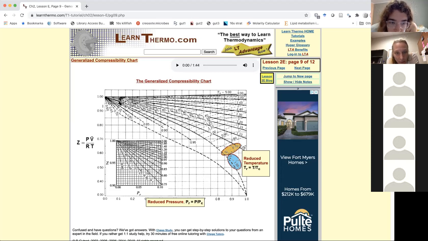Now I'm going to come over and see what Z value, compressibility value, I'm at. I'm just a little bit over the halfway mark, so I'm going to say that's about 0.96. Try to do this in your own book and see that you're also getting 0.96 by meeting up your reduced pressure and your reduced temperature line.